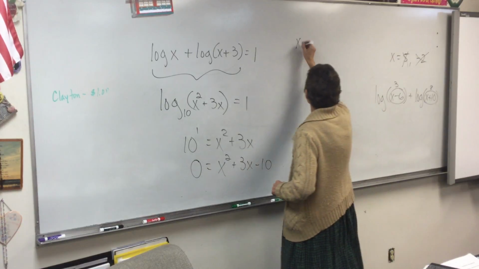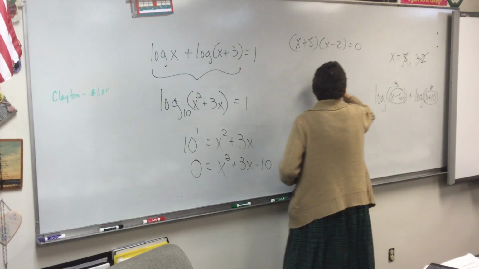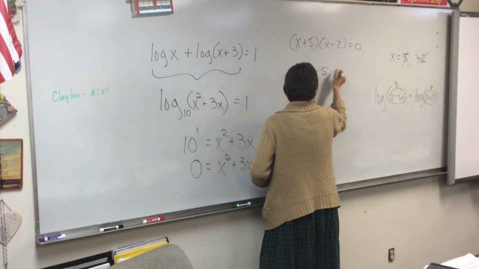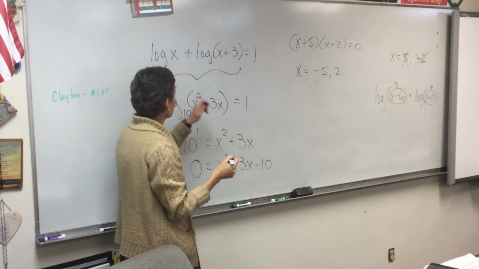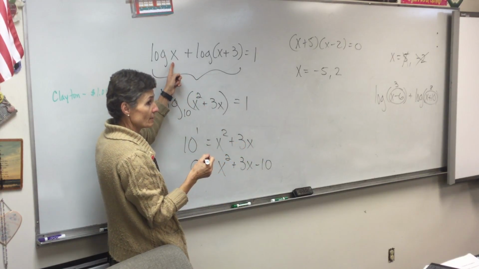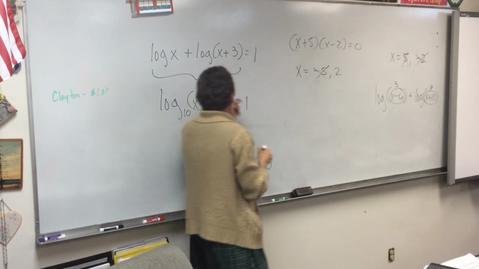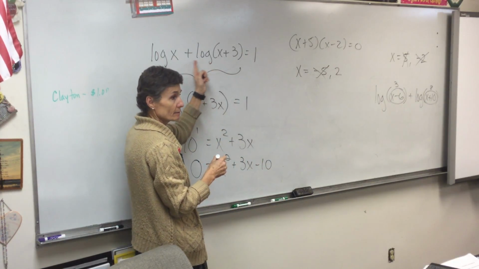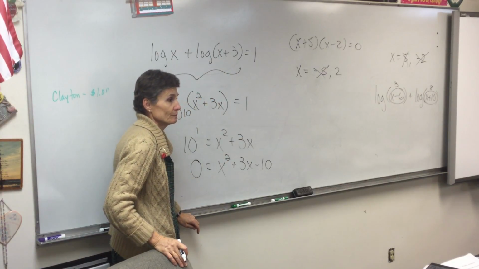That one is x plus 5, x minus 2. So did you get -5 and +2? Now come back over here. Can you put -5 in here? Nope, so we're going to cross that one out. Can we put 2 in? Would 2 be okay? Yes. So the answer to the problem is 2.